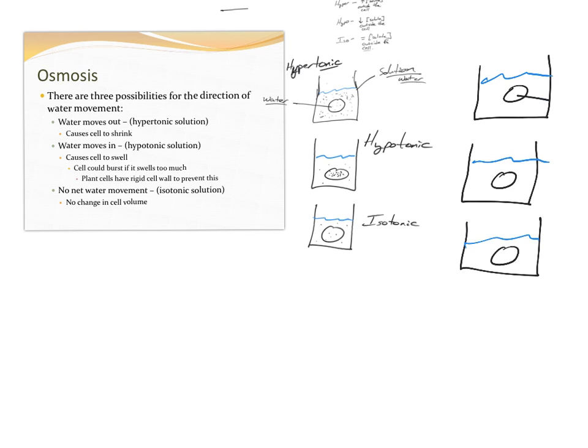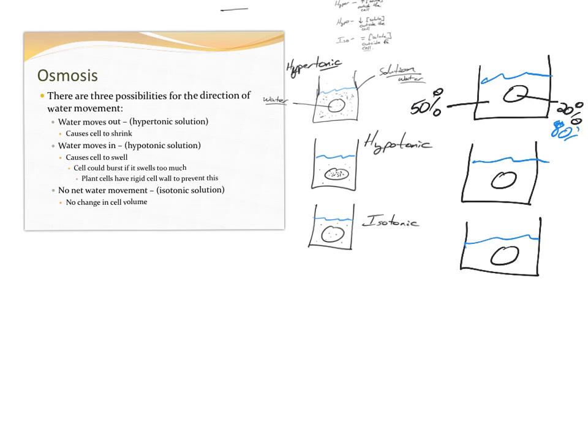For hyper, outside I can put 50%, and inside 20%. 20% what? Solute, right? And what percent water if I have 20% solute? 80% water. Does that make sense?